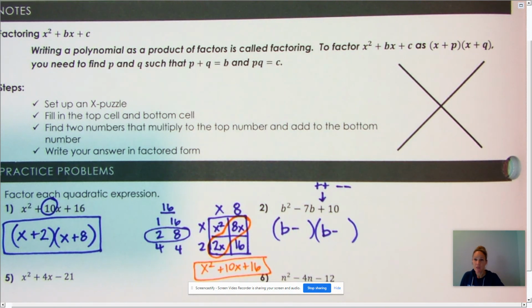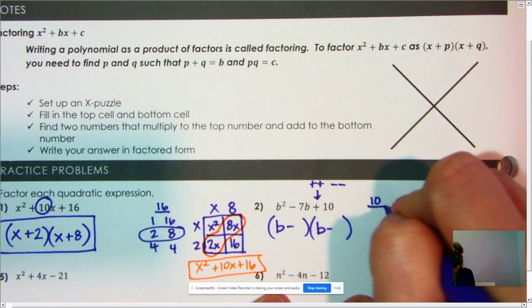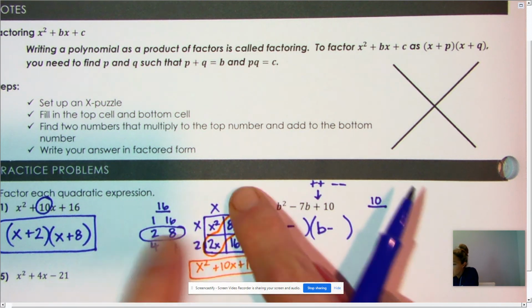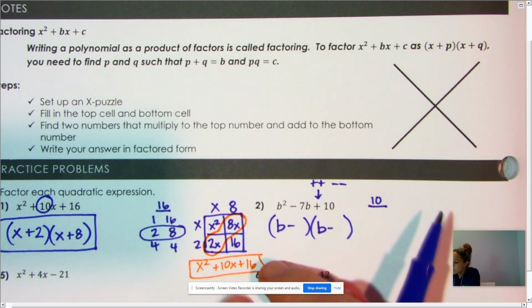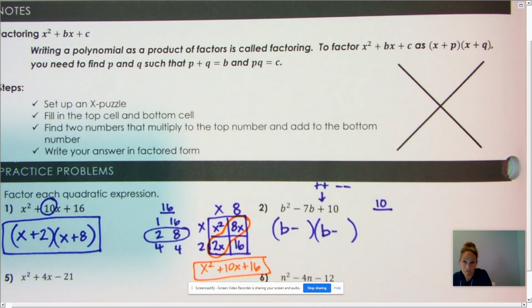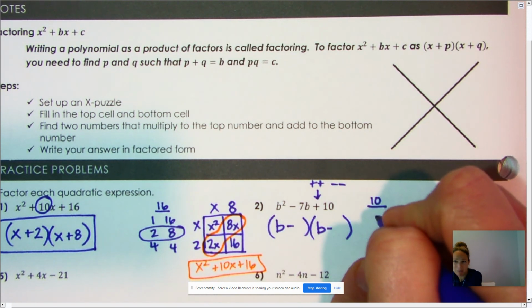Okay, so anytime this last sign is a plus, you know it's either going to be plus plus or minus minus. And so then what I have my students do is we start with the 10 because that's what it had to multiply by. Remember how we got the 16 right there? I did 2 times 8. And so we're giving you the 16 and you're trying to find what were the things we multiplied by. Well, there's a few things that make 10, right? A couple. Yeah, just a couple, sorry.